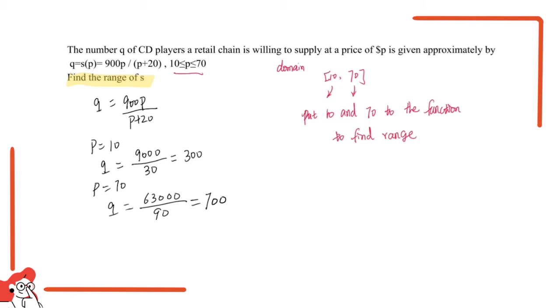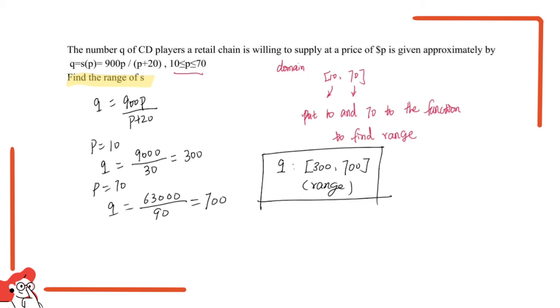So Q is in the range of 300 to 700, which is the range. So the range for this problem is 300 to 700.